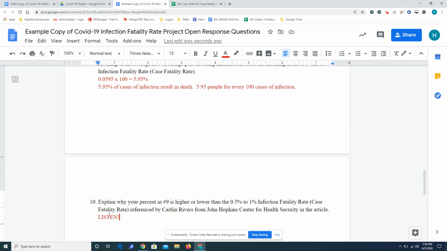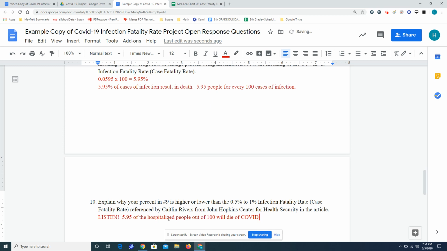Okay. So our data, the data we have in the table, is the percent of people who are very, very, very sick. So it really means 5.9 of the severely sick, or let's say of the hospitalized people, out of 100 will die of COVID-19.